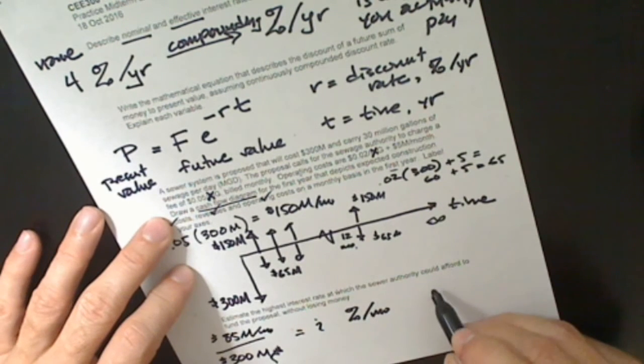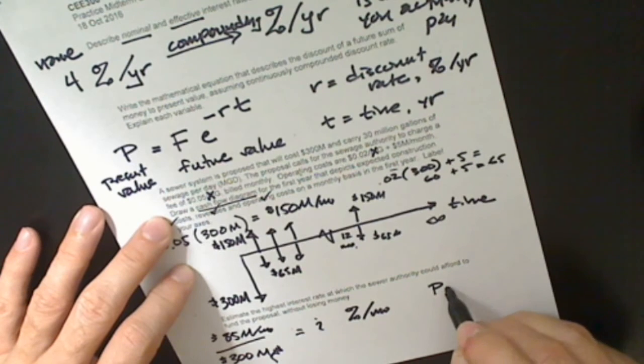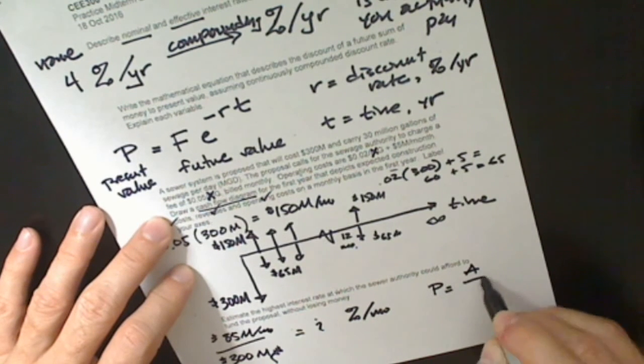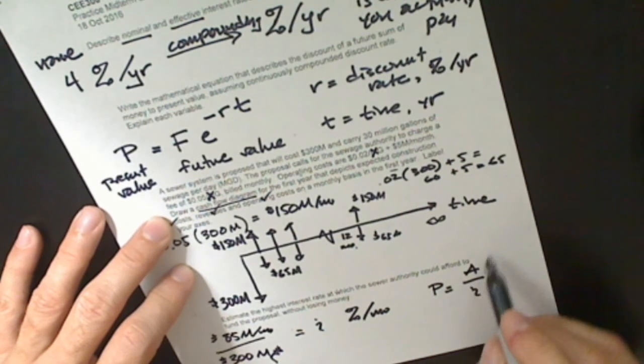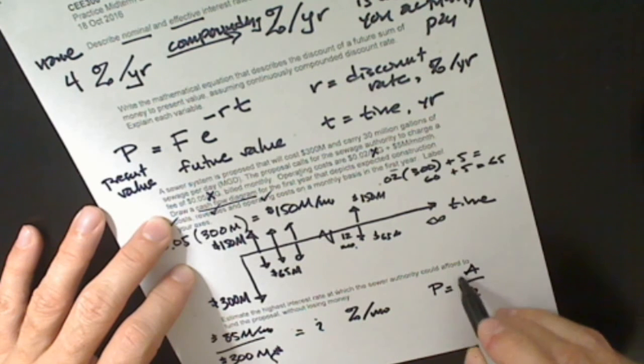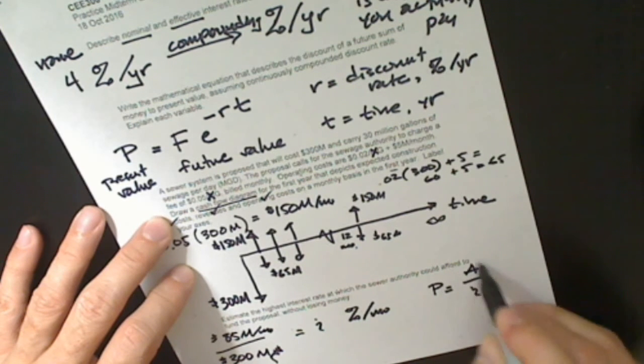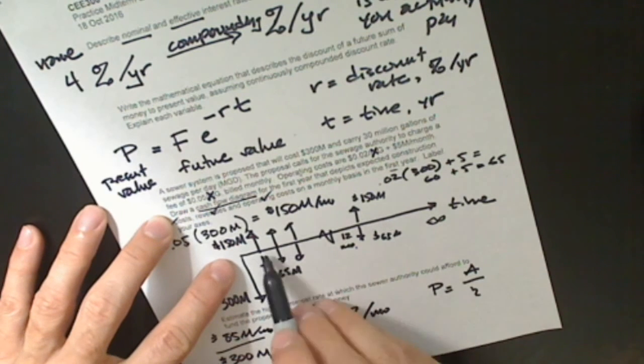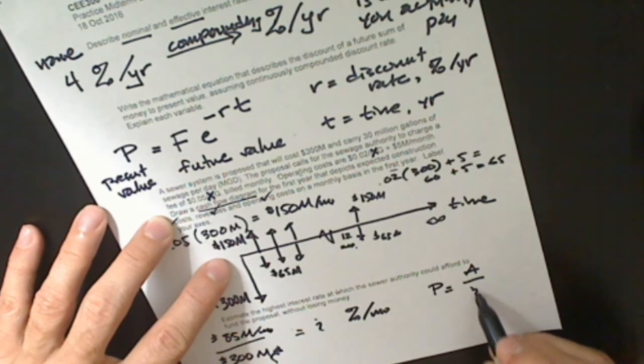Another way to do it is to remember the formula P equals A over i. And this is how you discount a perpetual series of regular payments. A sometimes stands for annuity, even though in this case the payments are every month. i is the interest or the discount rate.